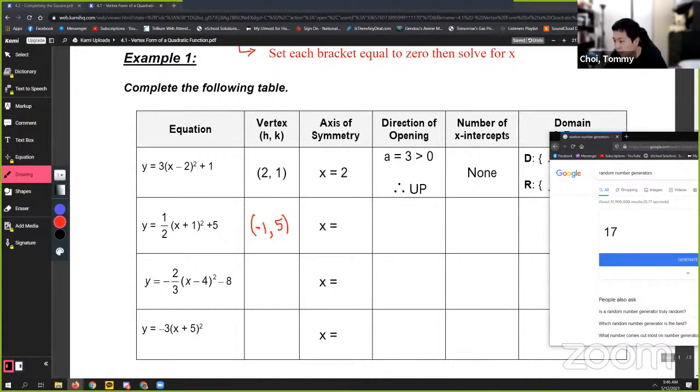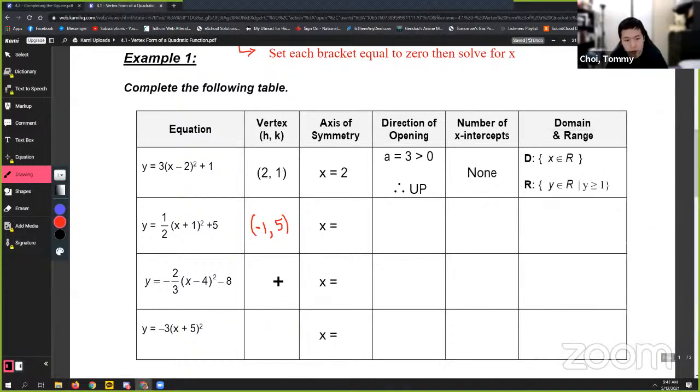Next one would be 17. Nicole, what's the vertex for the next one? Once again, if you don't know, just say you don't know. If you don't respond, I'm just assuming you're not paying attention.